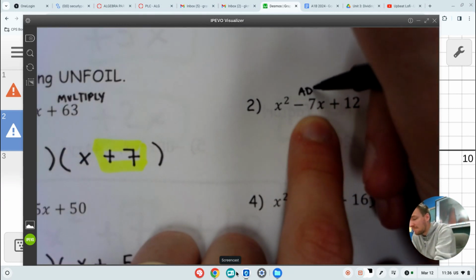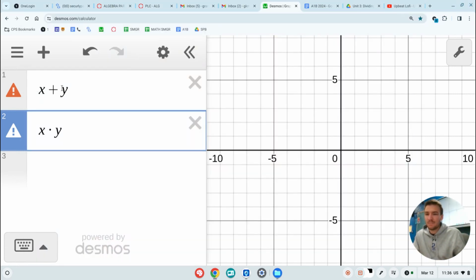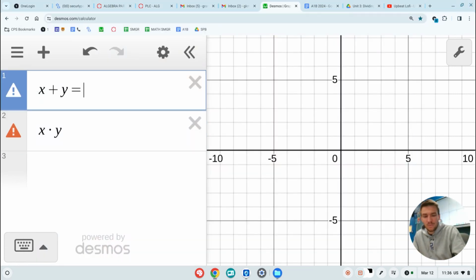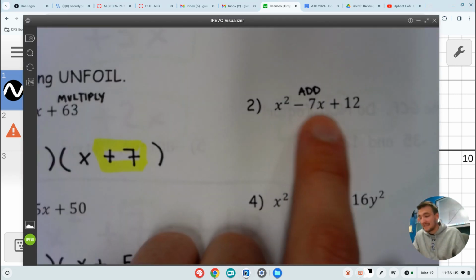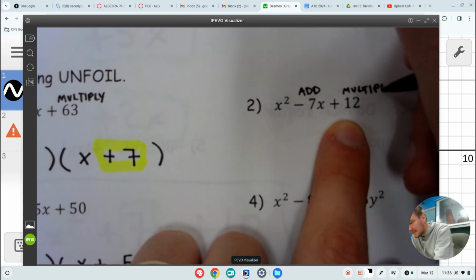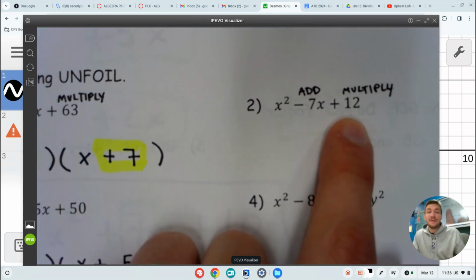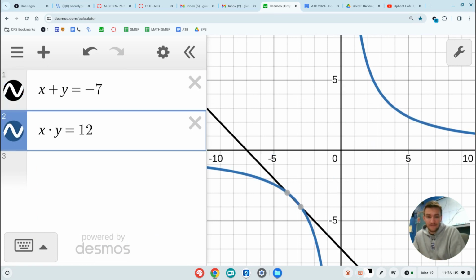So since this middle one is the add on Desmos, x plus y equals negative 7. And since this last one is multiply, we're going to put x times y equals 12.